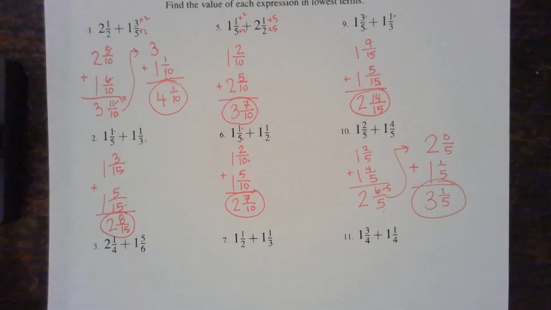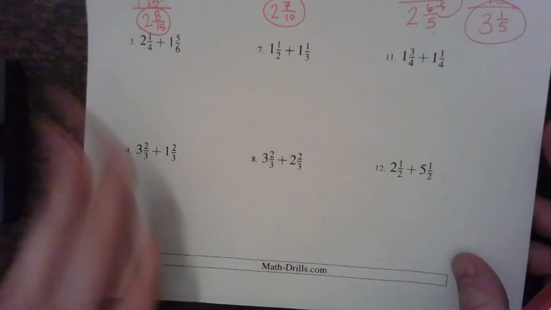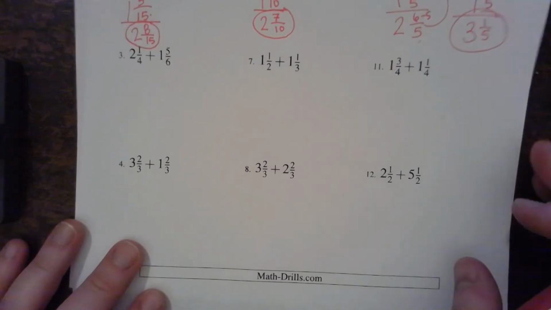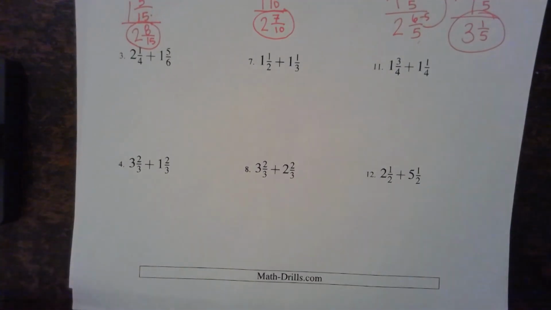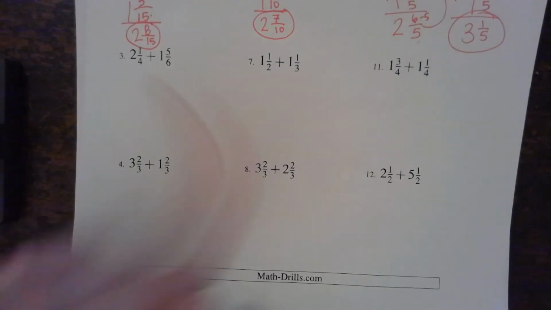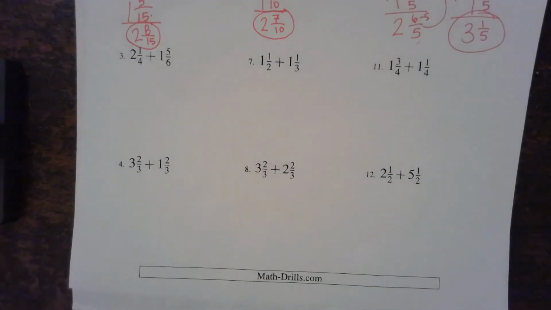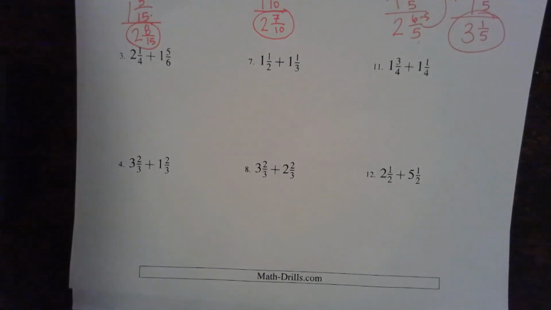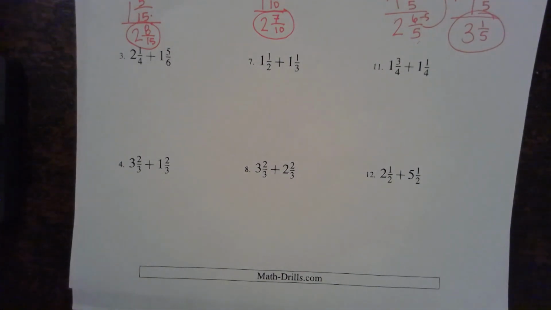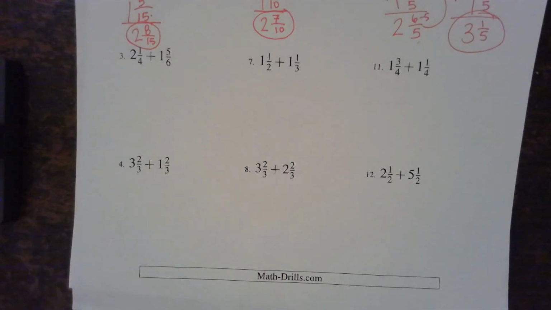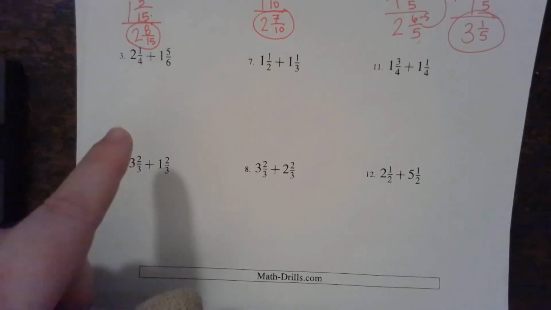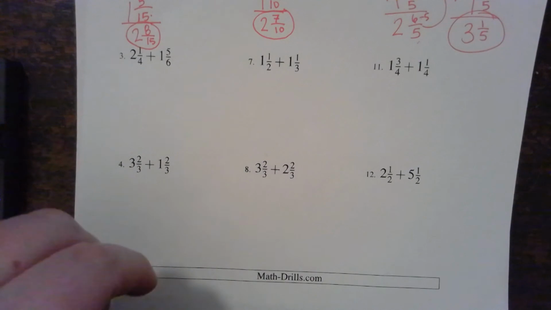Okay, now these bottom 6 problems, 3, 7, 11, 4, 8, and 12. As you can see, there's some of these that have different denominators, some that have the same denominators, and I think y'all got the easier ones because you only have 2. The rest of them are similar.